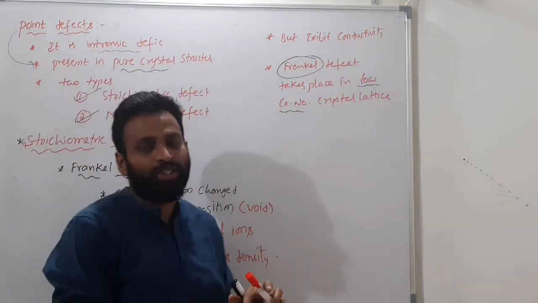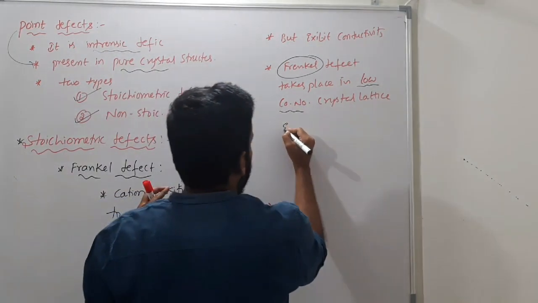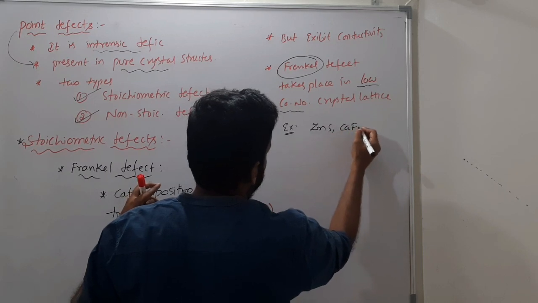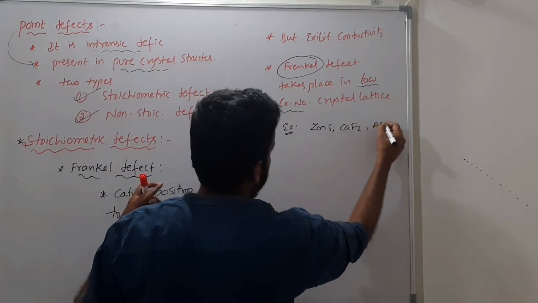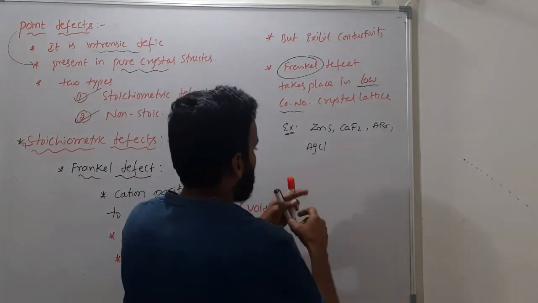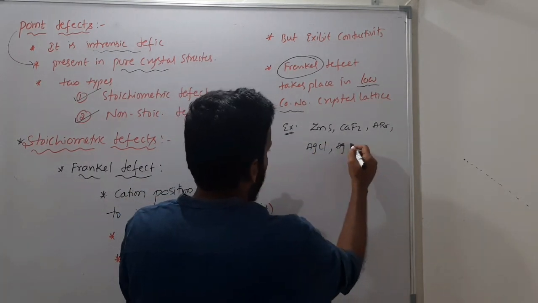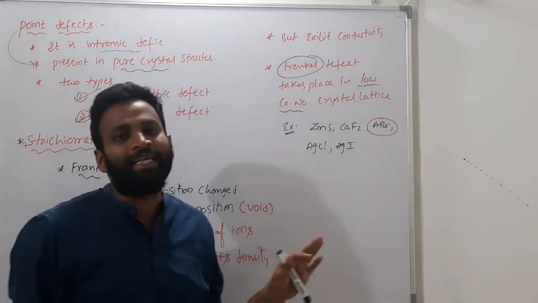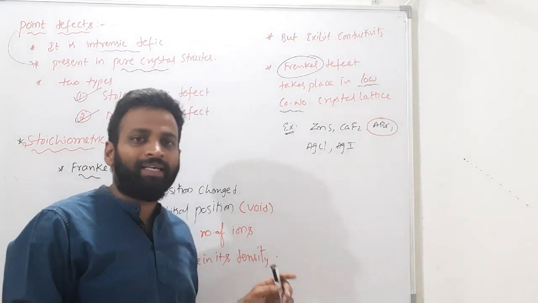In low coordination number crystal lattices, like, as I told you, ZnS, CaF2, AgBr, AgCl, like that. Here I had given AgI too, but AgBr is the only one that exhibits both Schottky defect and Frenkel defect.